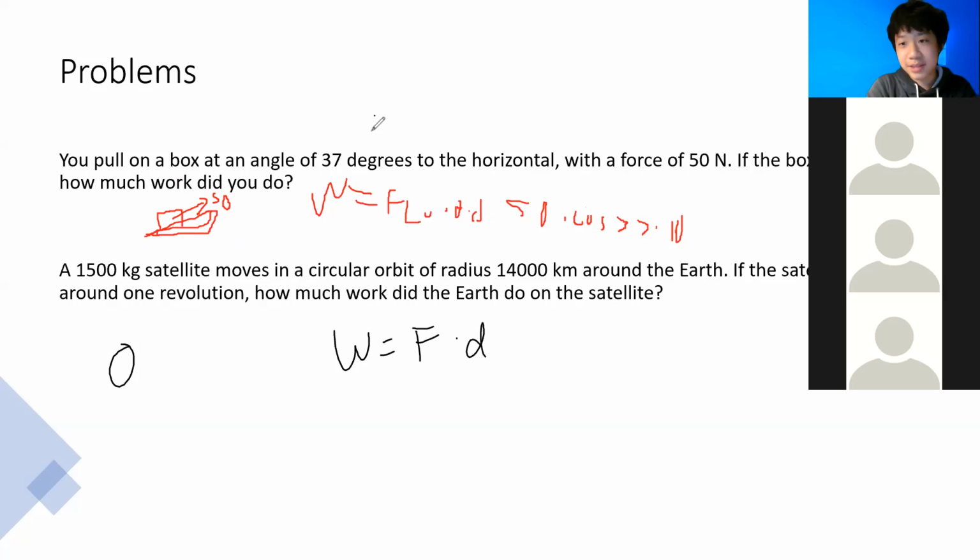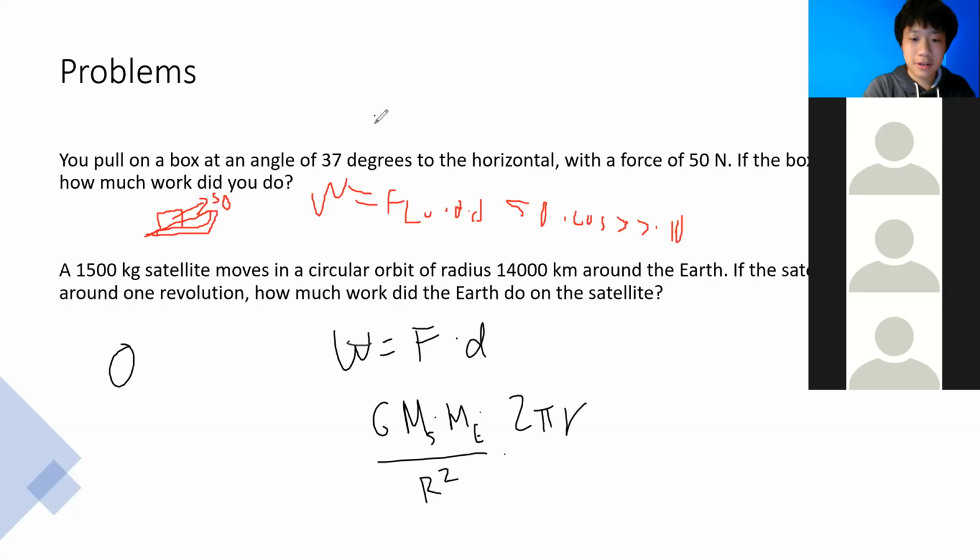And for the force, that's going to be the gravitational force, G times m of satellite, m of Earth, over r squared, times the distance, which you would say, oh, that's 1 revolution, 2 pi r, and then you would calculate that. But that's actually not right.